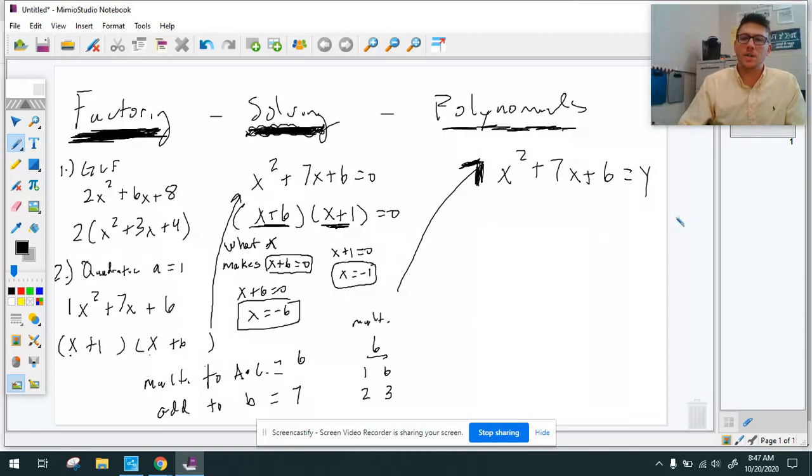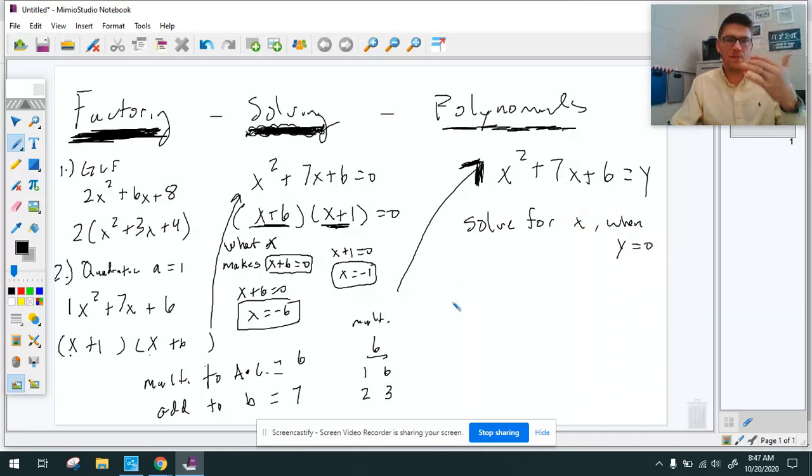Well, let's say we want to set the y value equal to 0. When we solve for x when y is 0, the question is, what are we finding, right? Think about any time you look at a graph. When the y value is 0, that means that point is on the x-axis. So what are we finding?